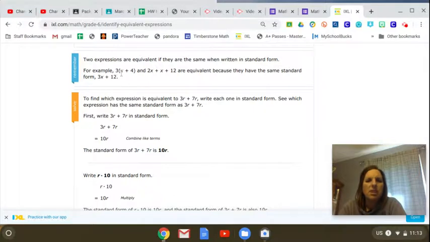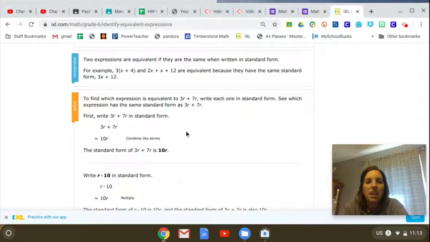So 3 times (x plus 4) would give me 3x plus 12, and 2x plus x plus 12 are equivalent. Oh, 3 times x is 3x, plus 3 times 4 is 12. 2x plus x is going to give me 3x plus 12. They both give me the same thing.